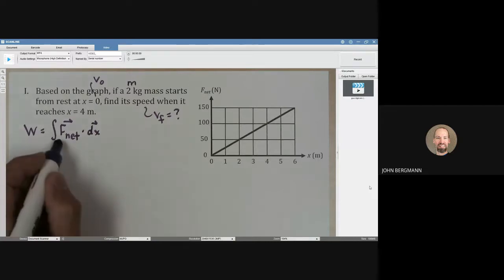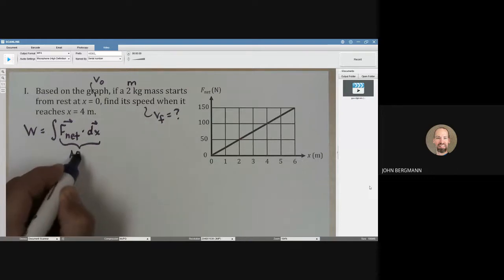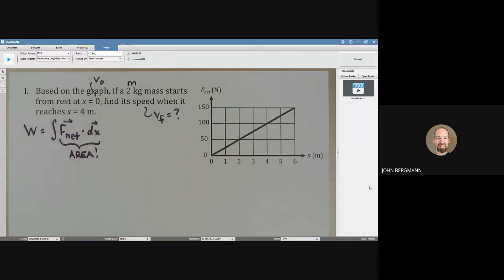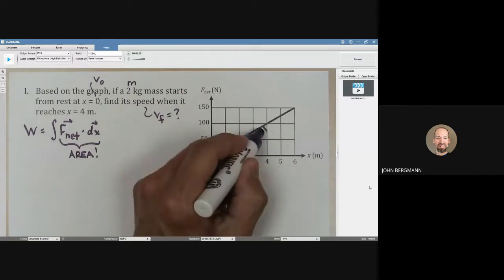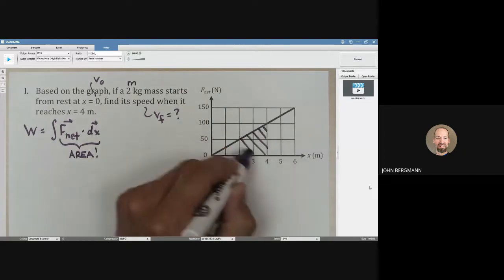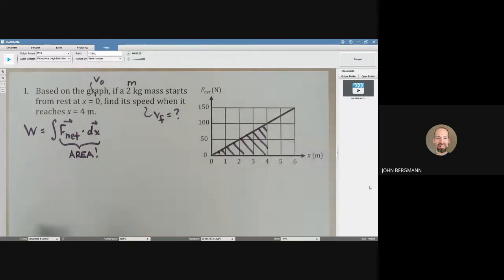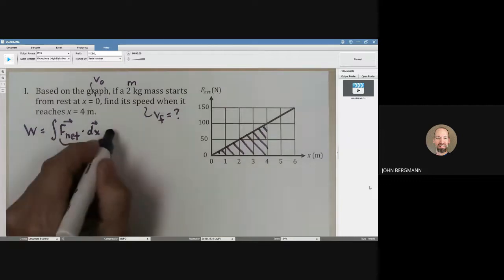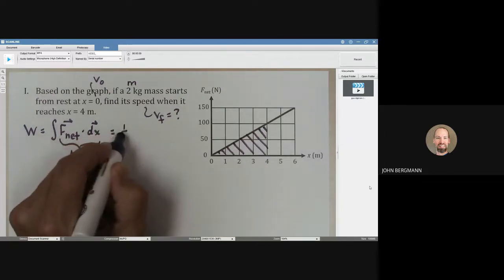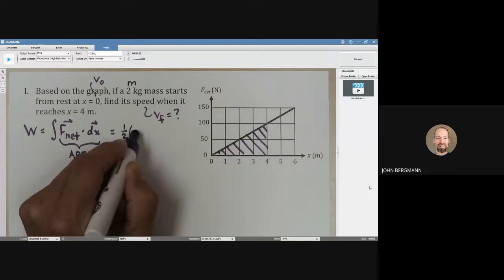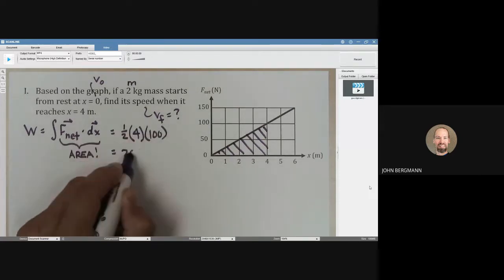And what is this quantity here? All of this is the area under the graph. So let's find the area under the graph between x equals 0 and x equals 4, which is that area right there. That seems to be pretty easy. 1/2, the base is 4, and the height is 200 joules.